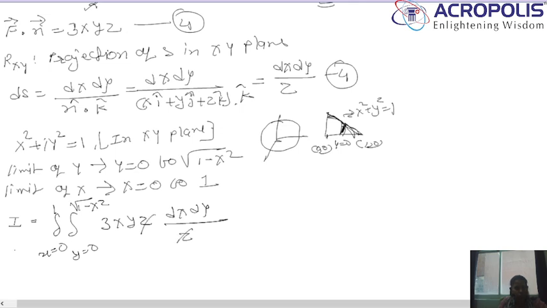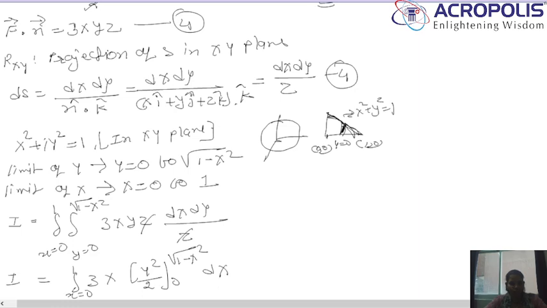So z is cancelled. Now first we integrate with respect to y. Integration of y with respect to y is y square by 2. Now apply the limit, 1 minus x square, dx.